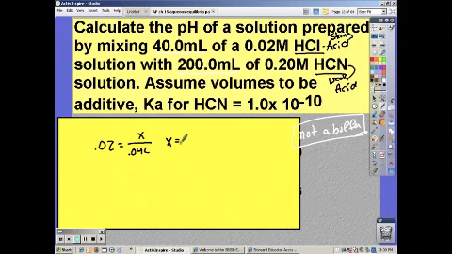So first we find our moles of HCl, which is 8 times 10 to the negative fourth. We divide this by total volume, which was 240 milliliters.